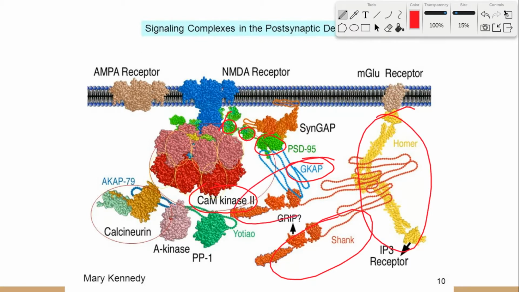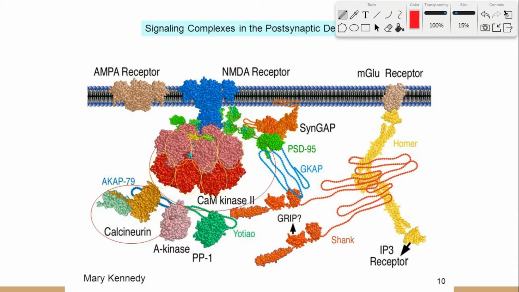So GKAP will bind to Shank, and this is how Shank is recruited to the postsynaptic density. And CAMK2 you probably recognize as a critical calcium-dependent kinase that promotes long-term potentiation. By localizing CAMK2 right below the NMDAR, you have a better chance of it being activated.